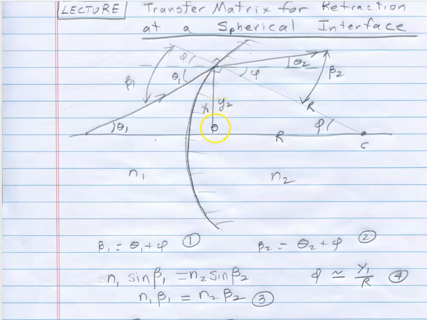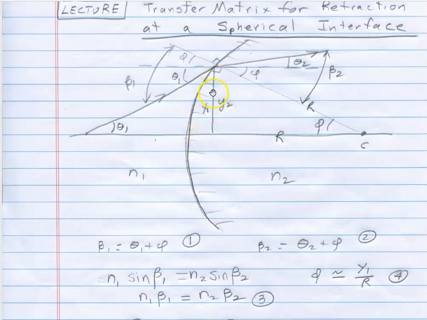In addition, I've drawn this for a ray that's not paraxial at all, so that I can get the figure in. And you have to remember that we're so close down here at the bottom that this line is effectively straight up and down at the interface between these two media.